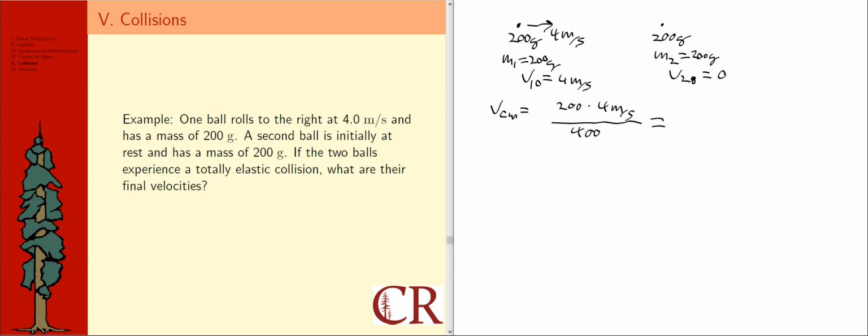That's basically the center of mass formula, neglecting the second term because it was 0. 200 over 400 is 1/2, so that's just 2 meters per second. So maybe I can add to my picture: this is the center of mass point, and it has a rightward velocity of 2 meters per second.